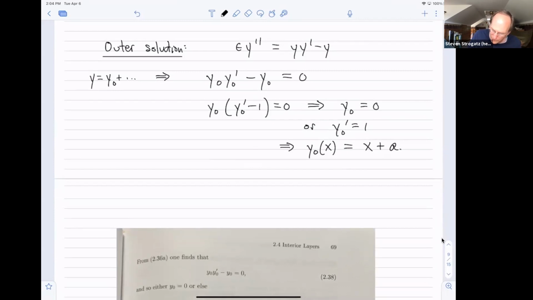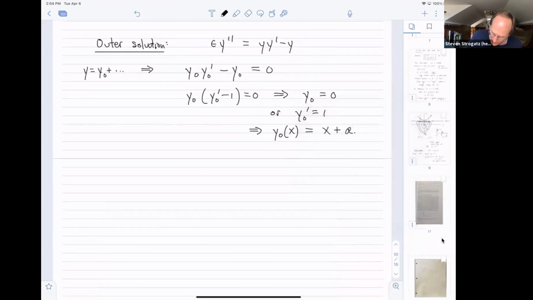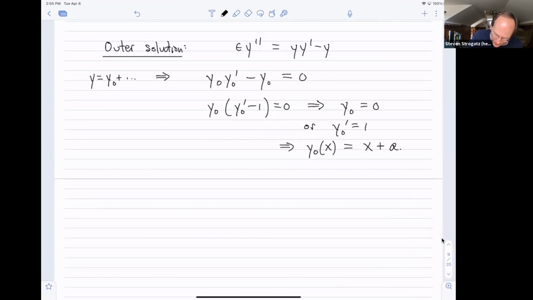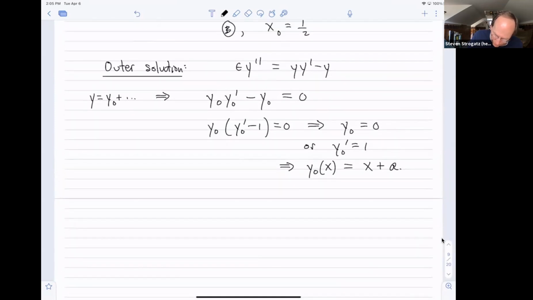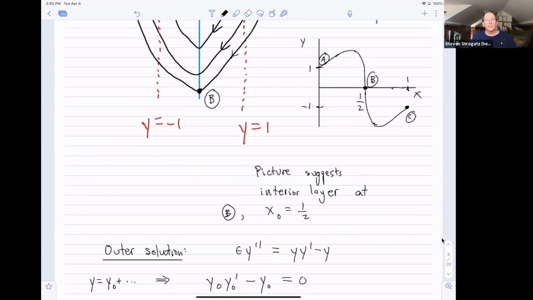Actually, I think I want to start inserting some pages here because I don't want to go to this next thing yet. Add page. Let's add a few more. Okay. So we've just got this nice little result here. We're trying to look for something where we think of this as being an outer solution that looks like it's trying to be the straight line y equals x plus a constant.